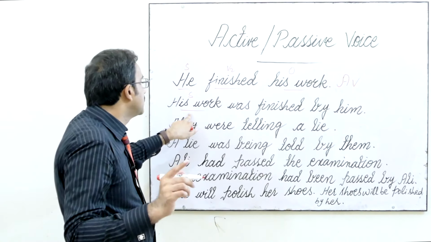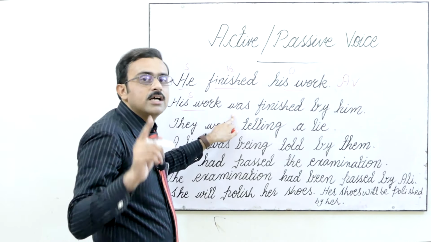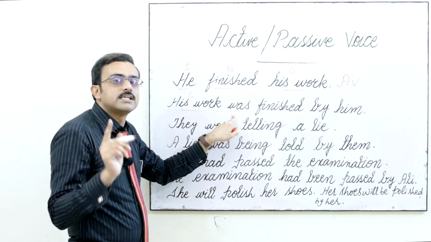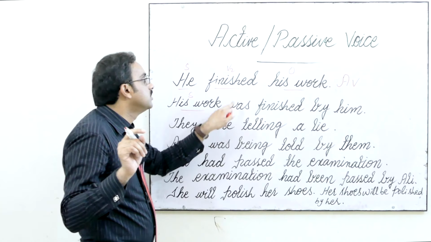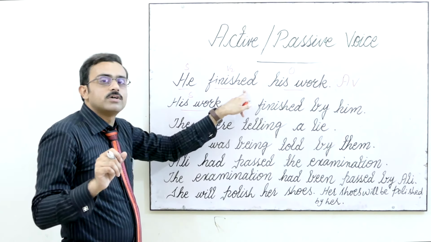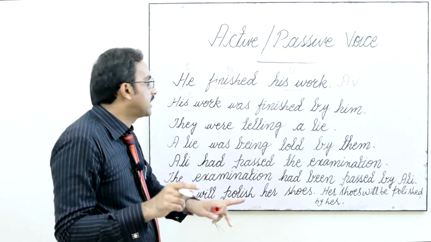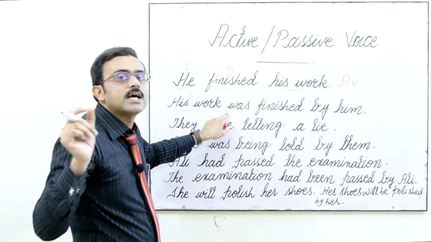Then the subject is in singular form, so we used the auxiliary. In past simple sentences, we do not use the auxiliary; we only use the second form of verb. But in passive sentences of past simple, we use the auxiliary was and were.